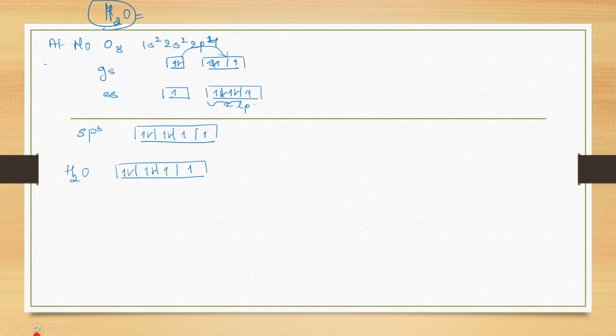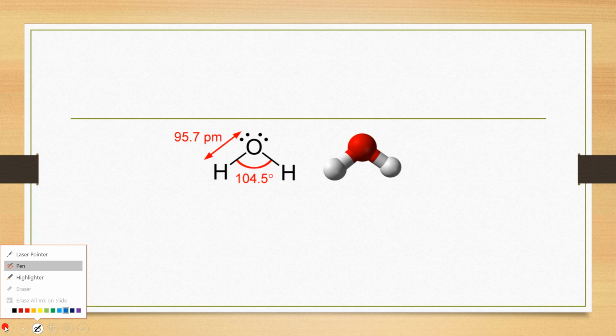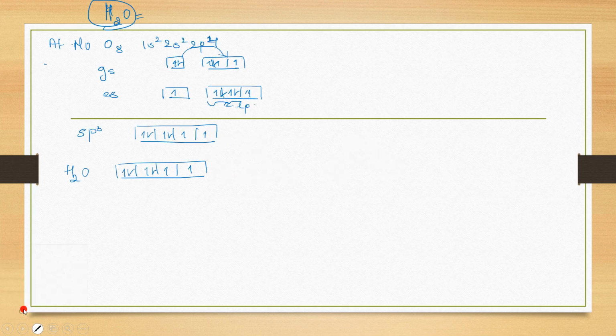And now comes the hydrogen. I'll show it in red. This is the electron from hydrogen. Now there are two lone pairs of electrons on oxygen. Okay, this is your oxygen.